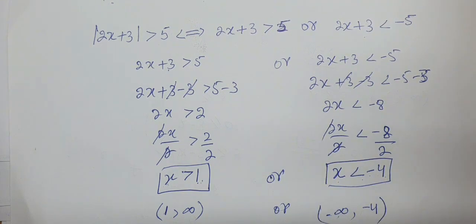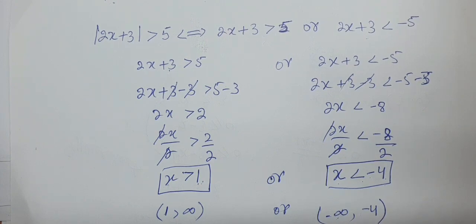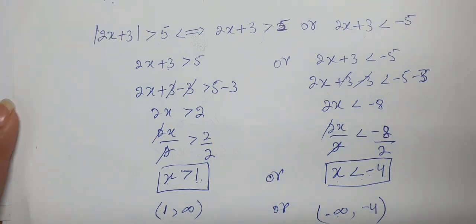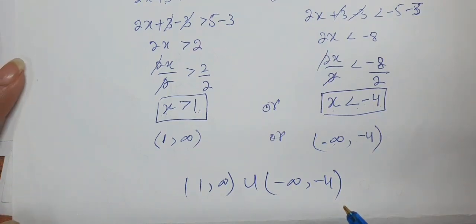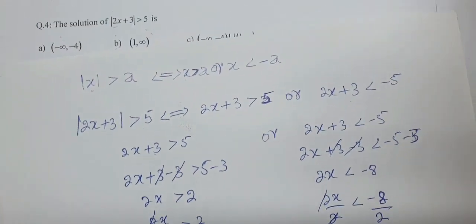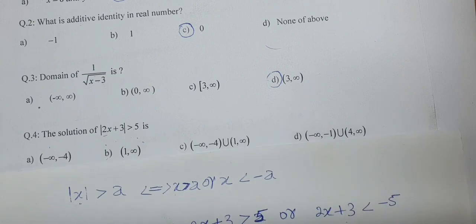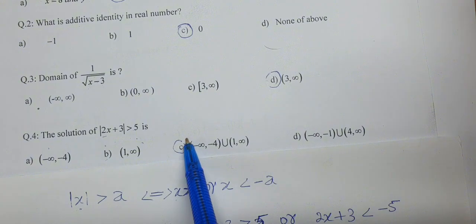Both are solutions, so we write the union of these solutions. So this would be the right option. Now we can check the right option. What was that? Here. So this one would be the right option.